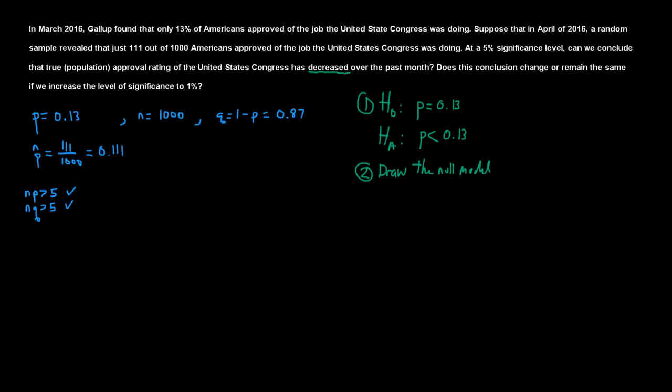Okay, so let's see here. If the null hypothesis was true, let's get a normal curve over here.